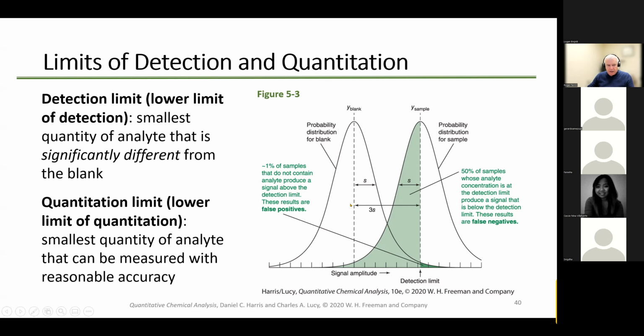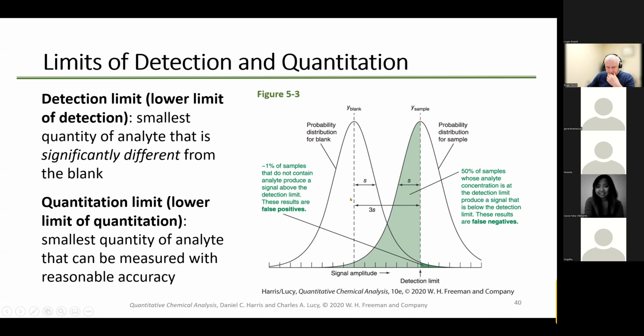This might be some concentration or some signal level, any arbitrary number. Let's say it's 10 and it has a standard deviation of 1. Because it has a standard deviation of 1, any particular blank you put in might give a 9 or a 10 or a 9.9 or 10.1 or something like that, right?